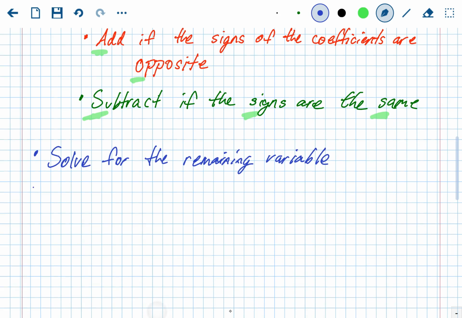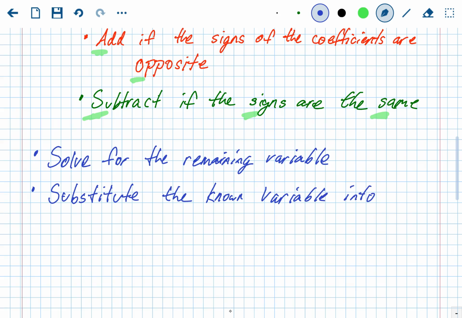And then your last step would be to substitute that variable into either equation to solve for the other. So we'll substitute the known variable into any equation and solve for the last variable.